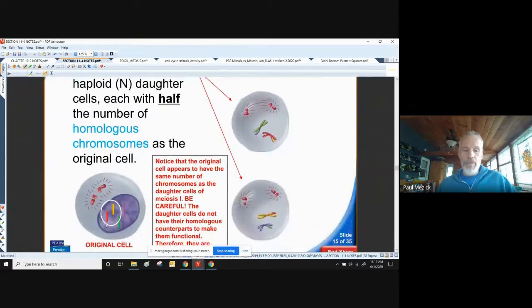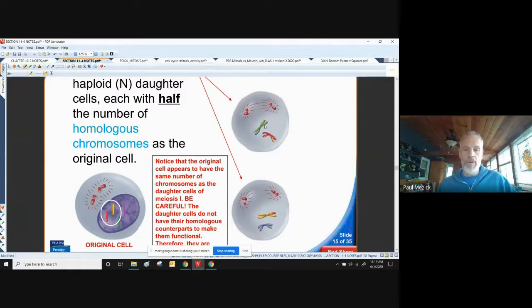Remember, here's our original cell. 1 red, 1 purple, 1 yellow, and 1 green. And now we've got cells that don't have all those colors. Instead, they have 4 chromosomes, because we have four chromosomes to start, but they don't have the right chromosomes. They have a chromosome and its duplicate copy, instead of having a different color.